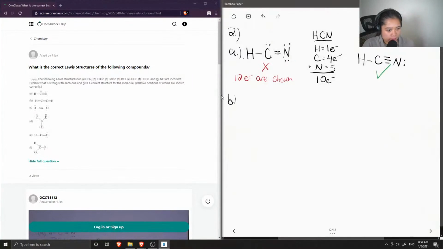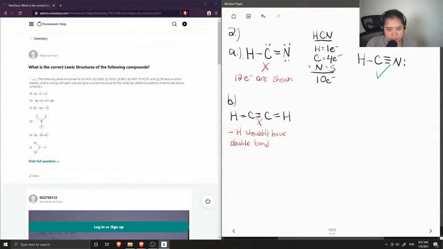Okay, so now let's check out what's wrong with the next molecule. Already looking at it, each hydrogen has a double bond. So I'll just say hydrogen shouldn't have double bonds. This is because it only has 1 electron available to share.